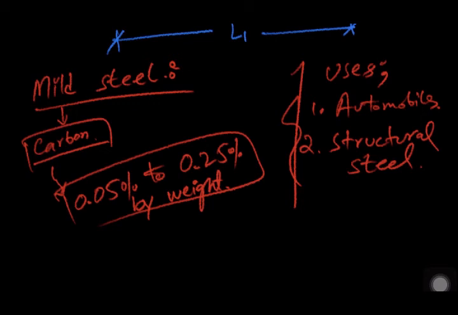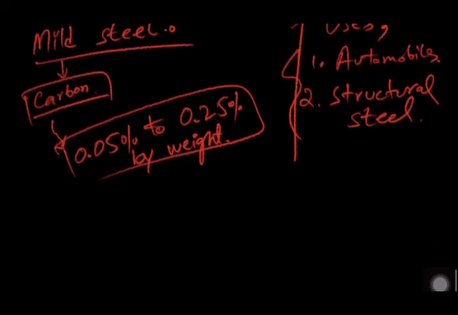Therefore, let me proceed with the experiment where we will test our mild steel to obtain the stress strain curve. Let me show you the specifications of a specimen which we take in our experiment, and then we will proceed accordingly.